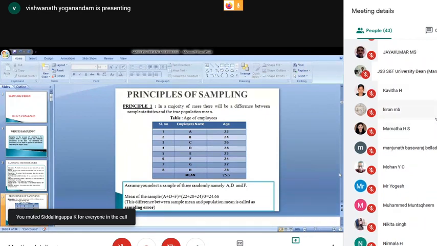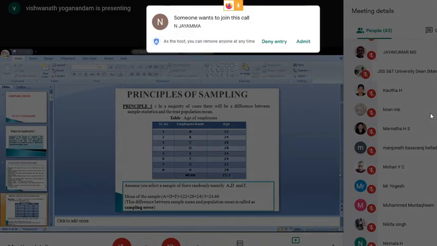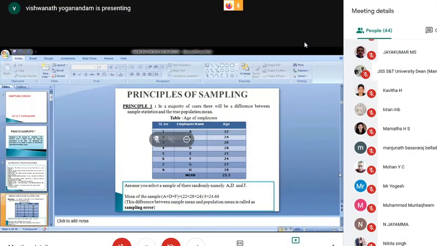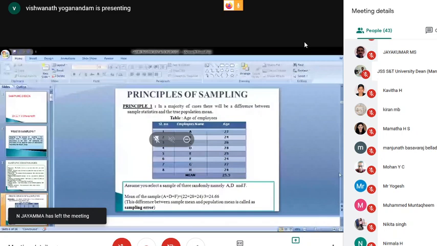And the mean, if you work it out, comes to 25.5. This is the population mean. The 8 people, so we are able to calculate it. So the mean is 25.5. Assume you select a sample of 3 randomly.